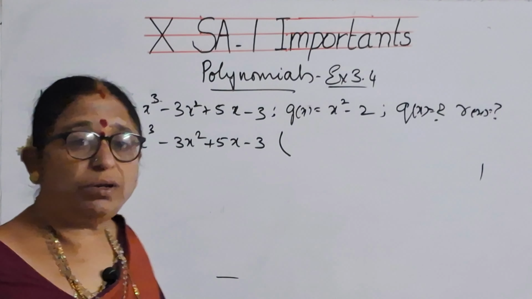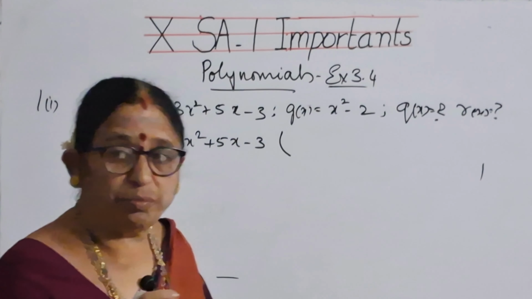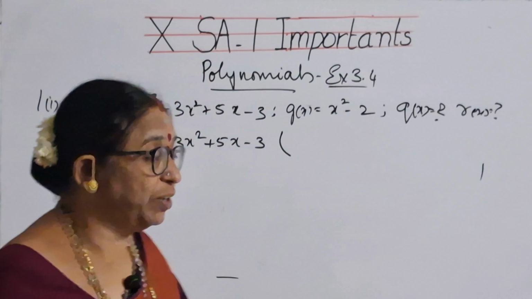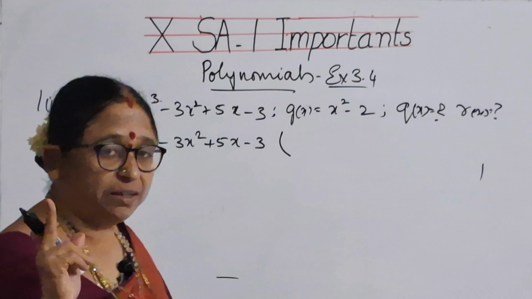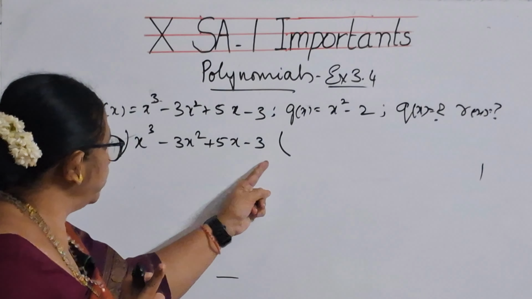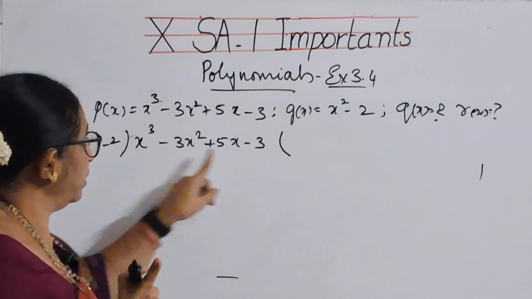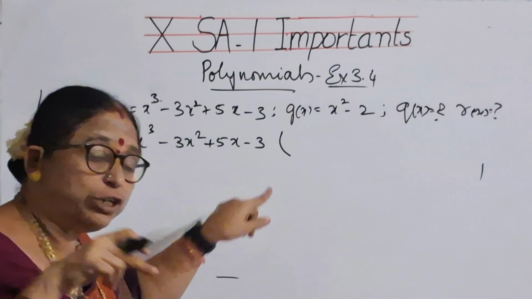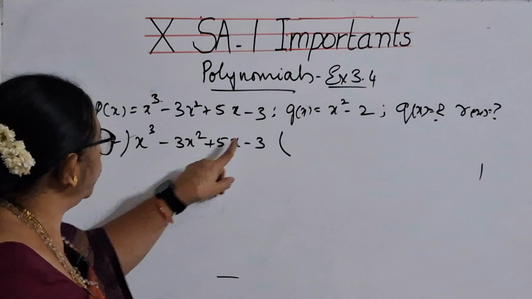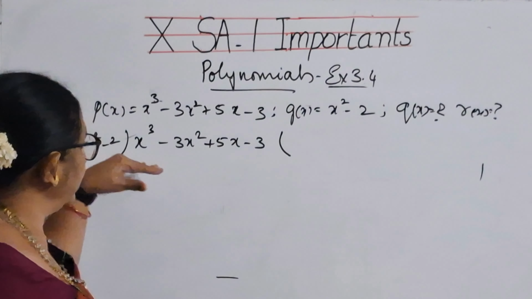Children, I told you earlier, when I was dealing with the previous classes, that whenever you are dividing polynomials, the first and foremost thing you need to see is whether the polynomial is in order. If it is in order, you write it down like this. If it is not in order, you need to put it in order and then do it. So this is in order 3, 2, 1. I have seen that it is in order, so I have taken it as it is.